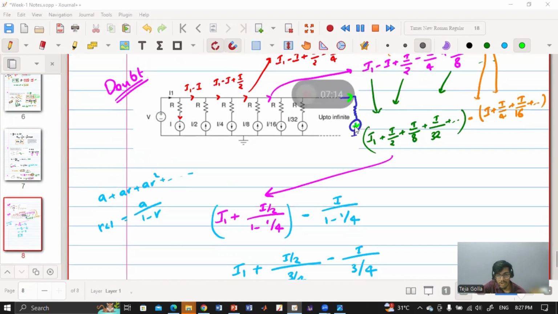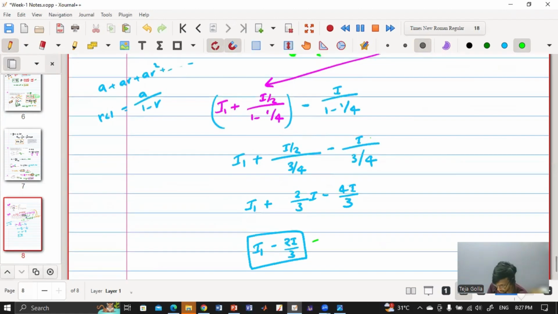And what will be the value of this? This value will be I by 2 to the power infinite, right? It is already tending to 0. So that current should be equal to 0, which means I1 is equal to 2I by 3. So is the answer matching for this? Whoever has asked.